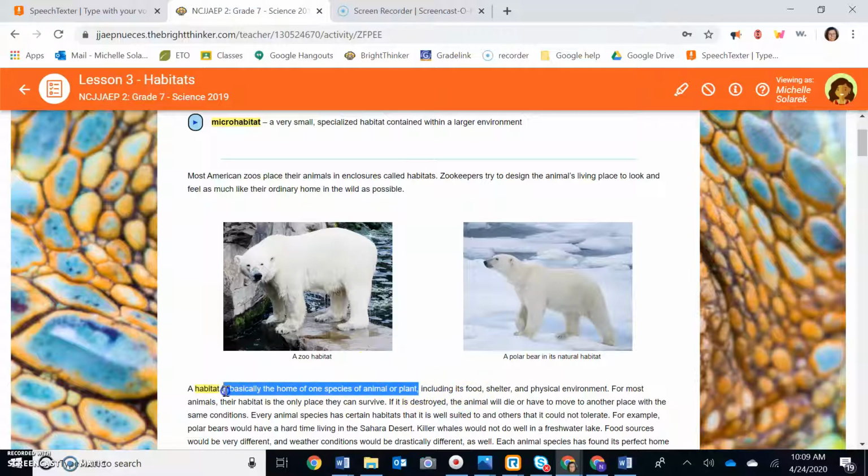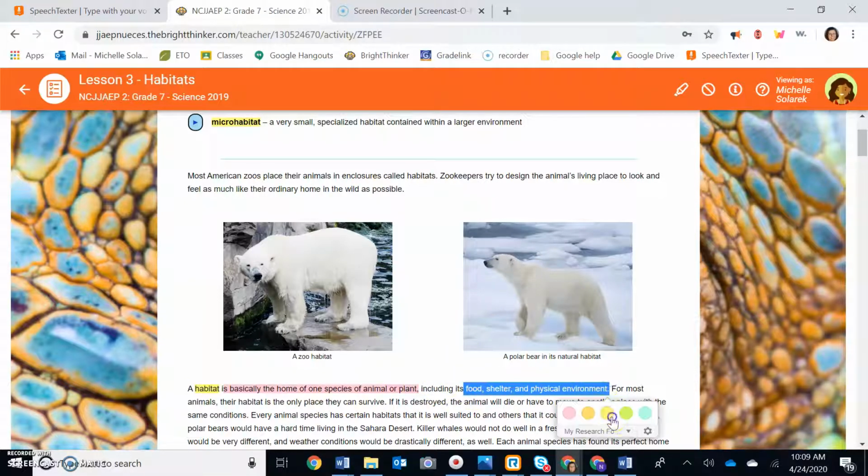So here's the question. What is the home of one species of animal or plant? And so you should have down number 2, habitat. And you can read it right here, but if you can't see it, I'll spell it. Habitat.